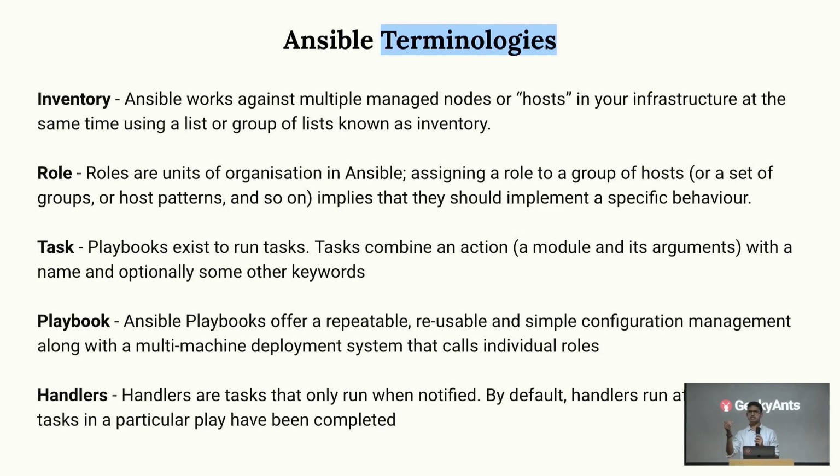Individual tasks like the update and upgrade task, the Docker installation task, and the Nginx installation task can be separate tasks, and these can be combined together in a role called basic setup. These roles are finally called using a playbook file, wherein we mention which roles we want to call to execute any required tasks.